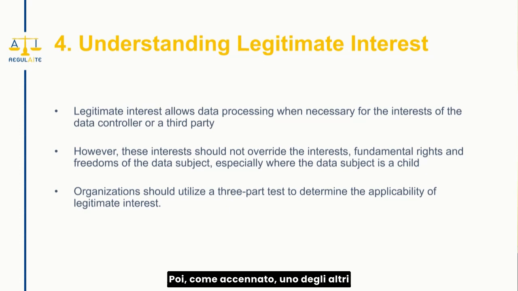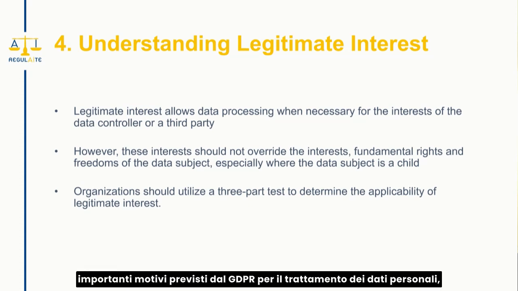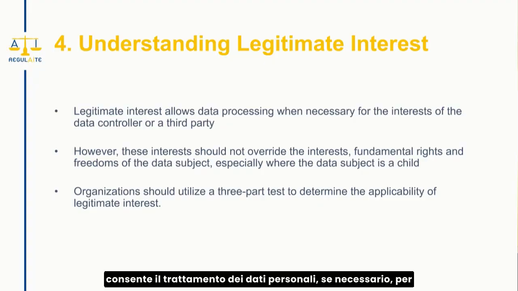Then, as mentioned, one of the other important grounds under the GDPR for the processing of personal data, and which is widely used in commercial settings, is the legitimate interest ground, which allows for the processing of personal data if necessary in order to achieve the purposes of the legitimate interest of the controller, provided that those interests are not overridden by the fundamental rights and interests of the data subject, which is especially the case when the data subject is a child.